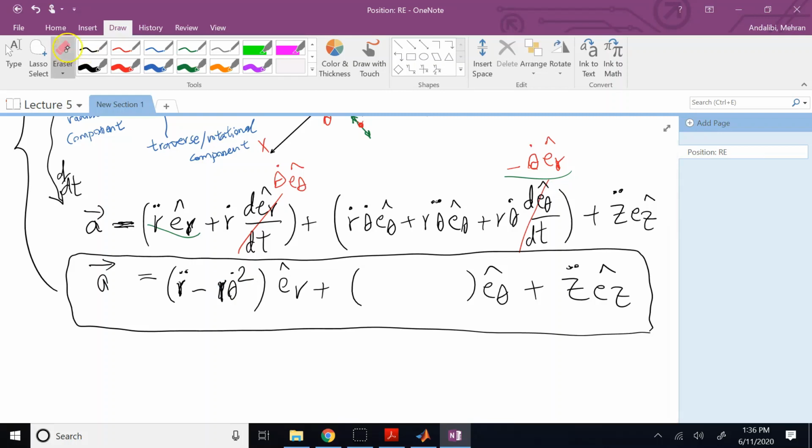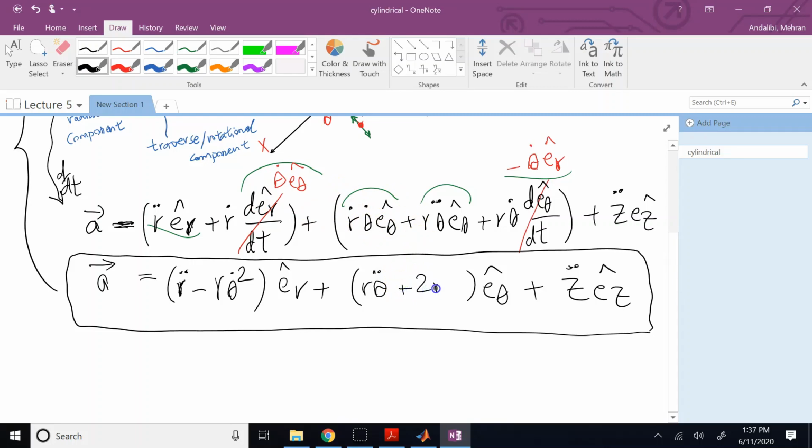And what are the terms with e theta in them? This is one. This is one, and this is one. So this one is r theta double dot. These two are the same thing, r dot theta dot e theta, r dot theta dot e theta.